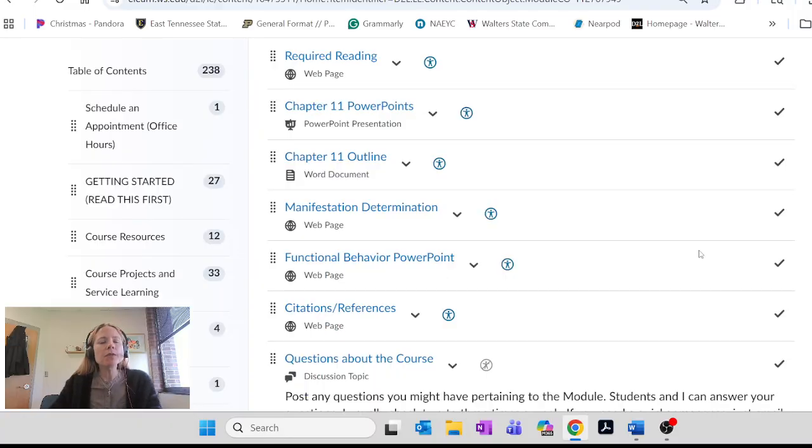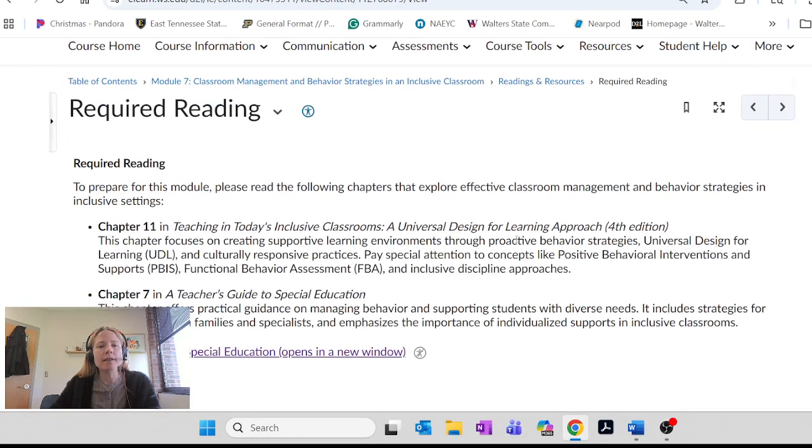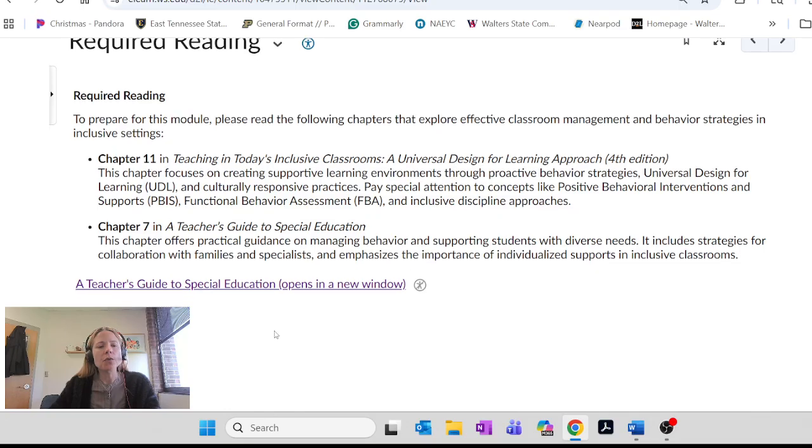Now, you will be using chapter 11 in your textbook. So, in the Teaching in Today's Inclusive Classrooms textbook, but I did also want you to look at chapter 7 in that additional text I gave you, the PDF. We call it supplemental text.